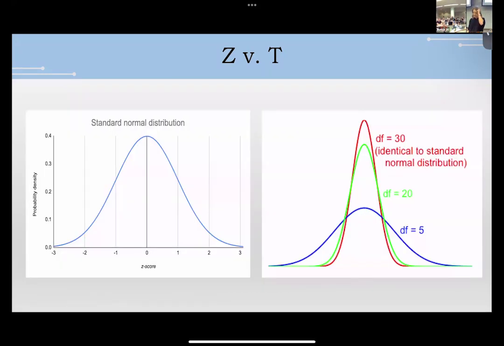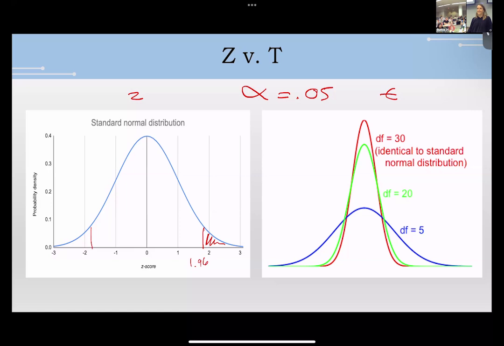Here's what I mean. Here's a standard normal distribution. We know we have an alpha of 0.05, right? Meaning if we are more extreme than 0.05 and the Z or T that belong to that, we're going to reject the null hypothesis, right? For Z, two tail, that's 1.96, always, no matter what, right? For T, it depends on the sample size, right?